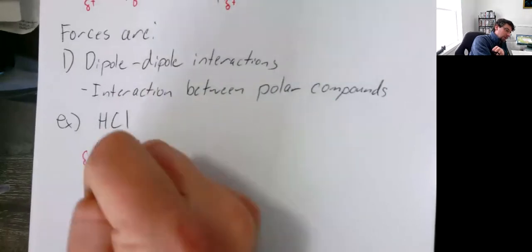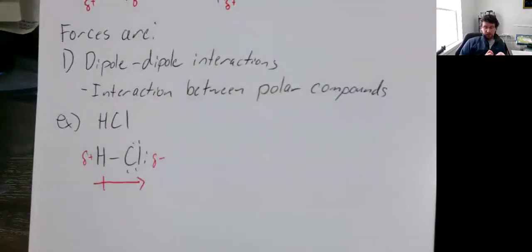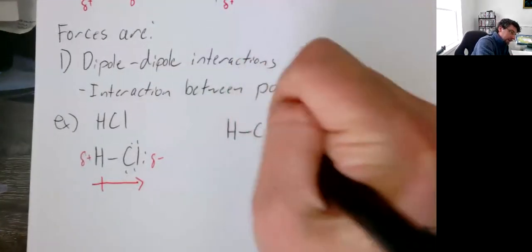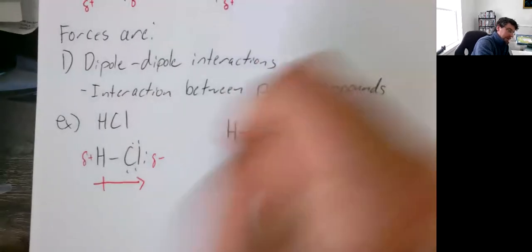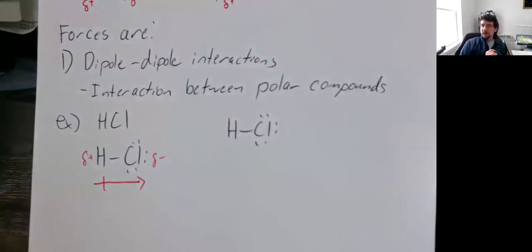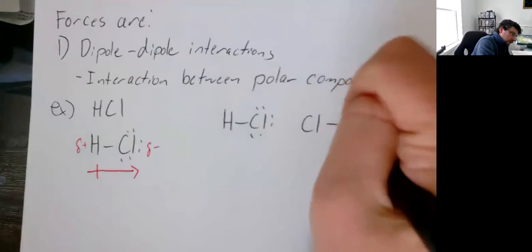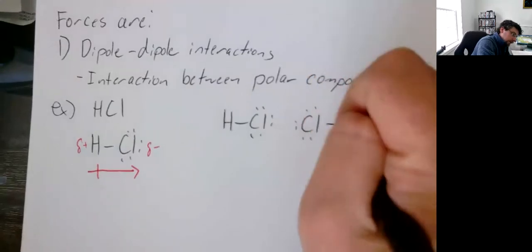If we draw out the dipole moment of the molecule, it looks something like that. Now, let's say we have two of these molecules interacting with one another. There are a handful of different ways that these molecules could interact. We could have the chlorines pointed towards one another.